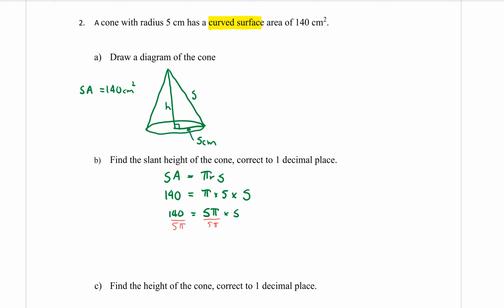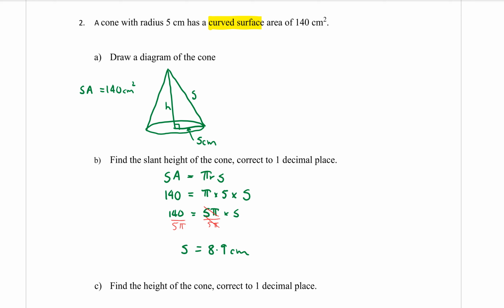So there it is exactly. S is equal to 140 divided by 5 pi. Okay? But this question did ask for 1 decimal place. So you put that in your calculator and you get S equals 8.9 centimeters.